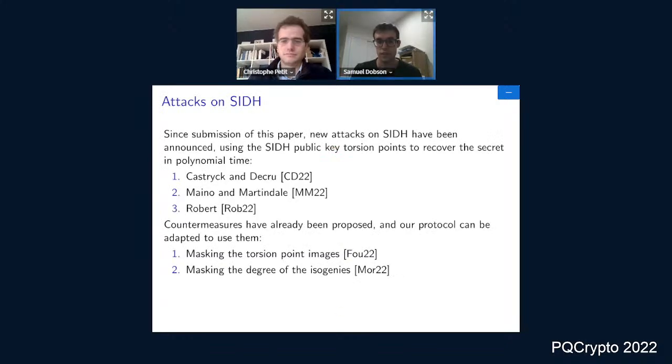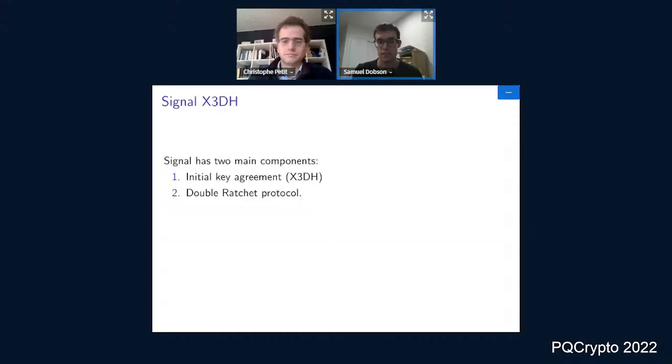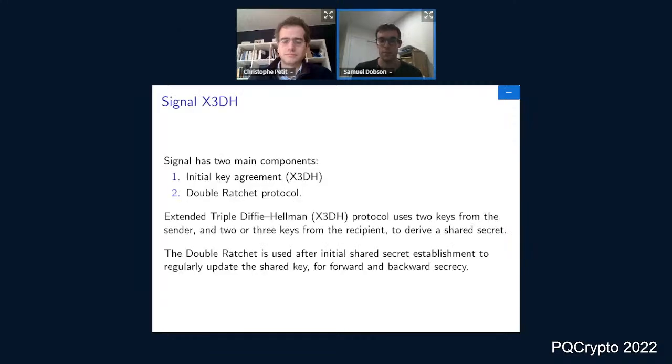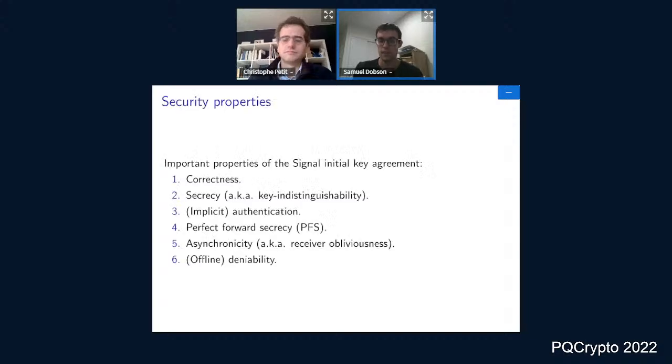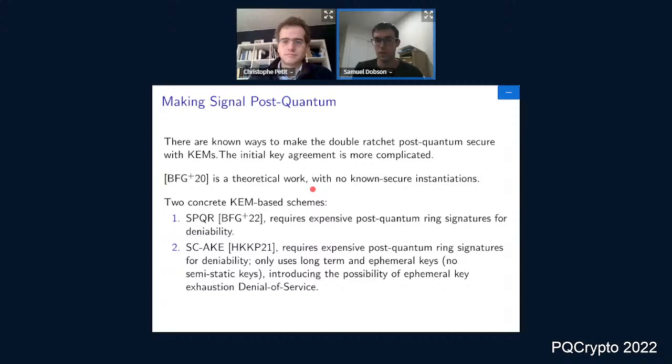The theoretical work that I mentioned in 2020 proposes a split KEM, they call it, and then instantiates a Signal protocol using the split KEM construction, and they suggest that CSIDH might be a secure instantiation of split KEM.